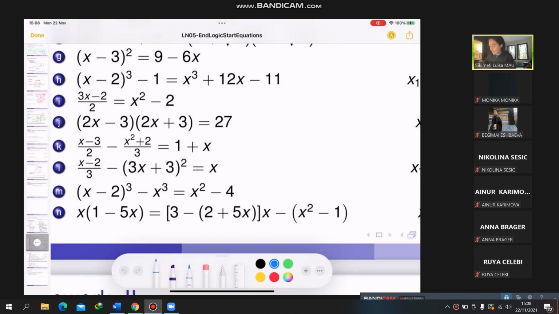Okay. So I'm just gonna copy the problem, and it was x minus 2 divided by 3 minus 3x plus 3 all squared is equal to x.